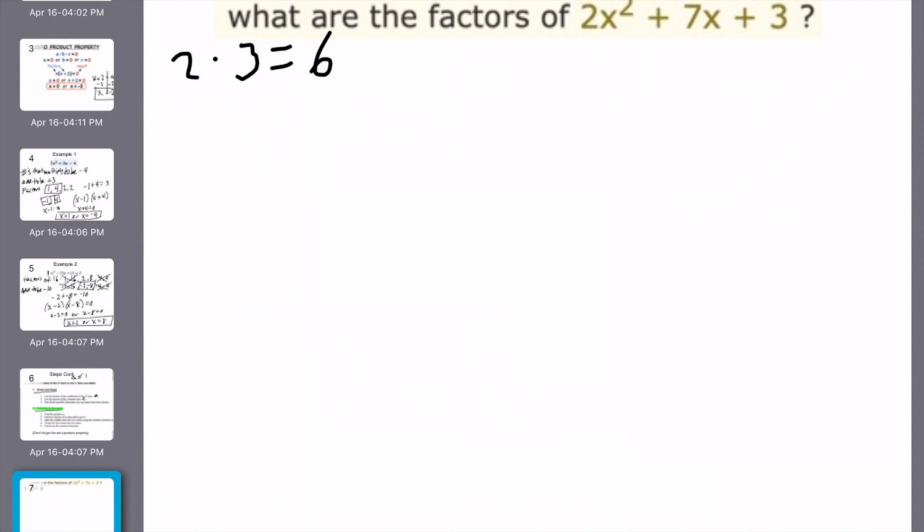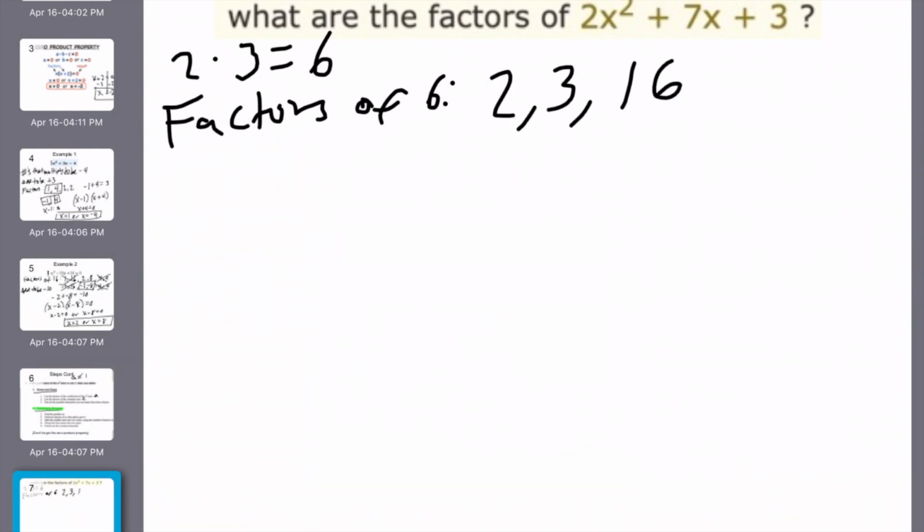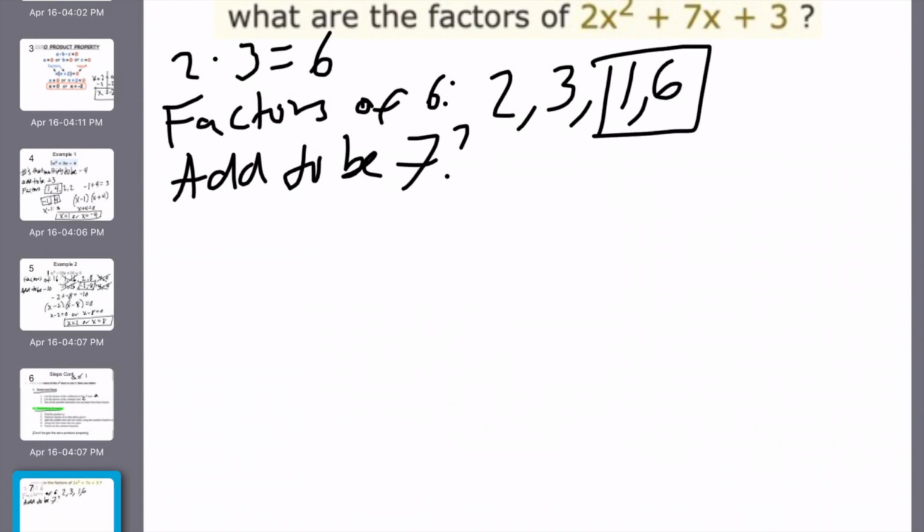So let me shift things around here. Factors of 6: 2 times 3, and also 1 and 6. Which ones add to be 7? 1 and 6 do.